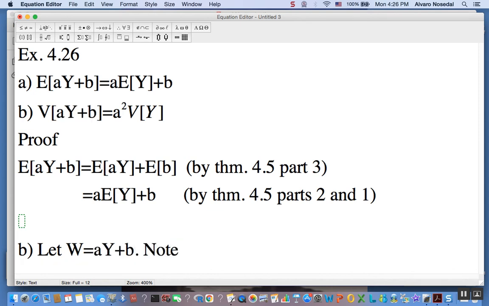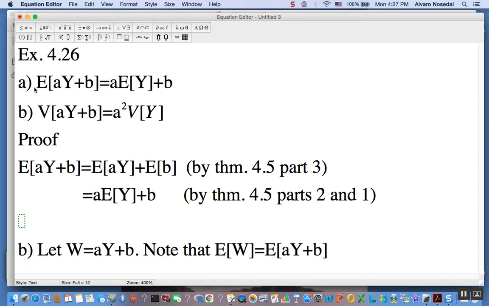Now note that the expected value of W is going to be the expected value of a times Y plus b, right?